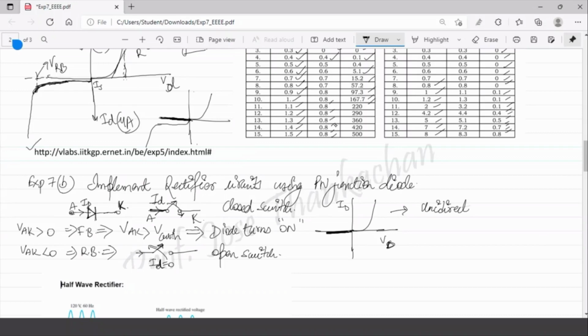What do you mean by unidirectional? What do you understand by the term unidirectional device? Any of you can answer. It works in only one direction.